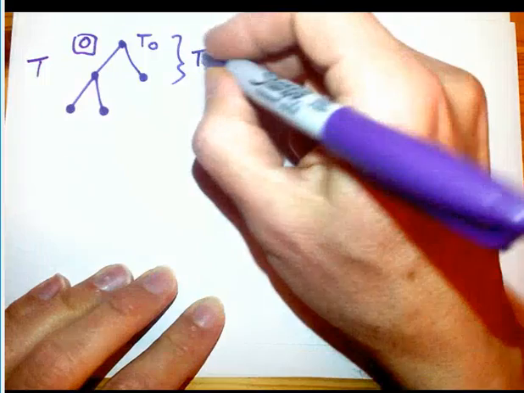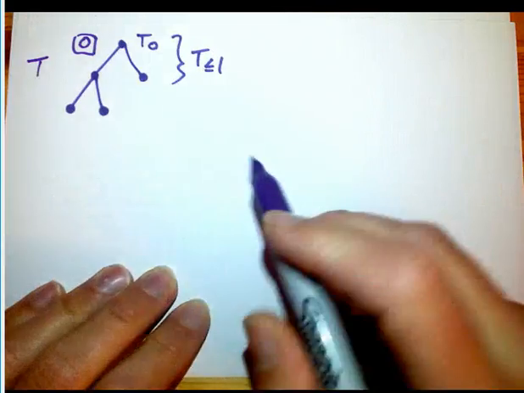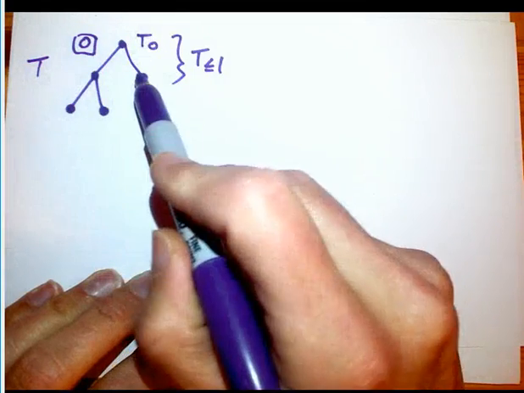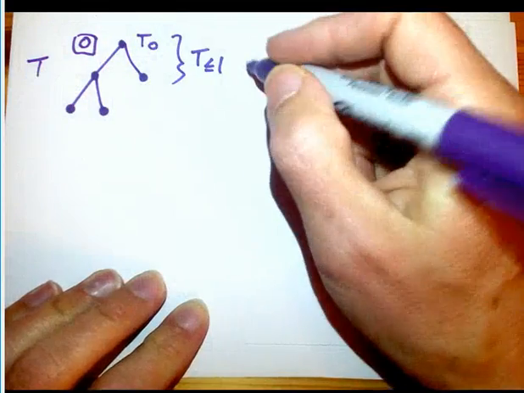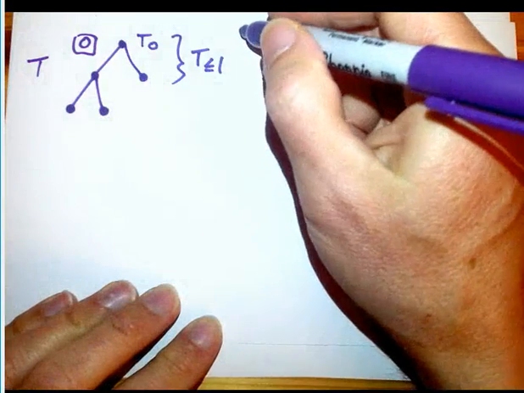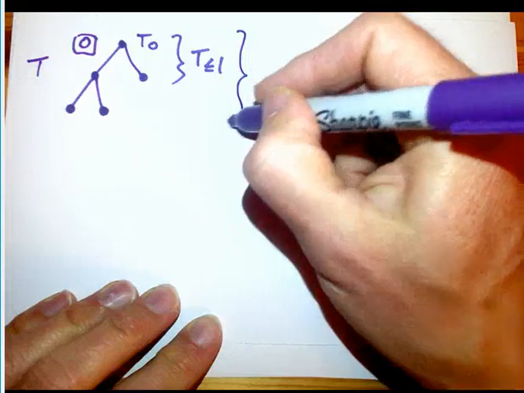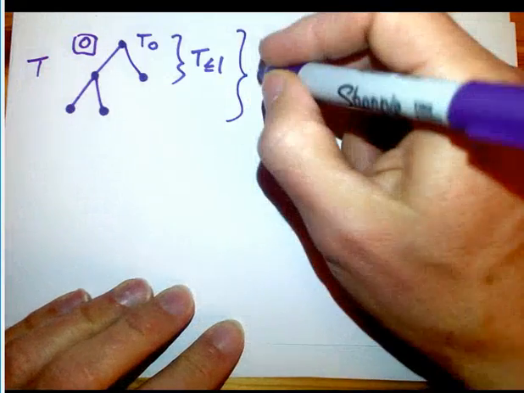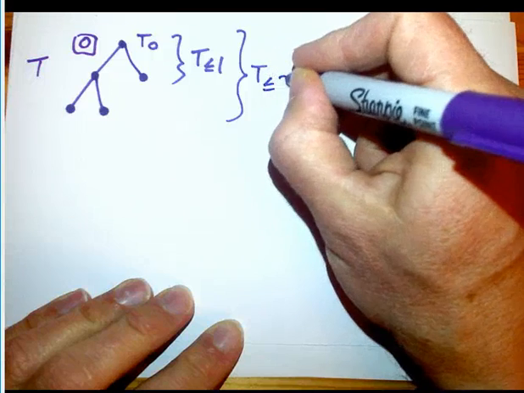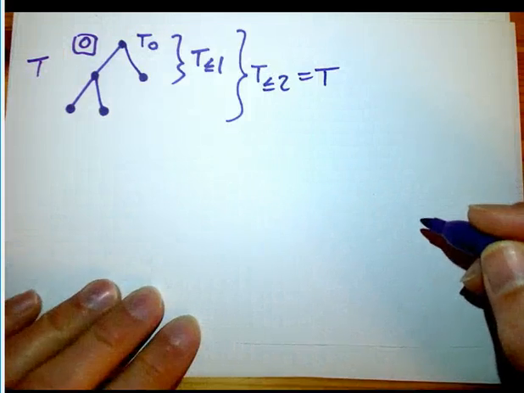T sub less than or equal to 1 is everything with one ancestor or less, and so that's this guy. Okay, and there are different conventions as to how you label zeros and ones, and I think I'm accurately using his conventions. I don't think it's super important to get the numbers right, although it might be. And then this is T less than or equal to 2, which in this case is the whole tree.